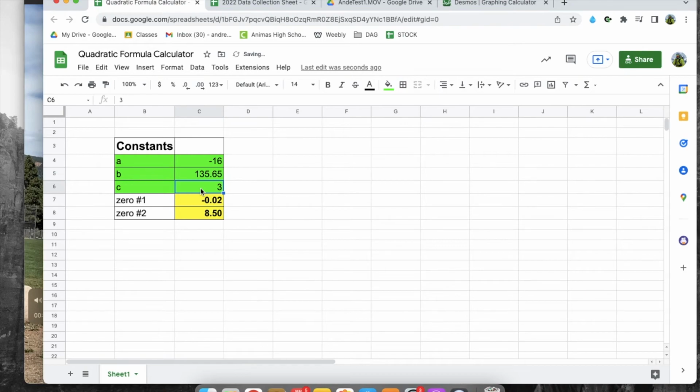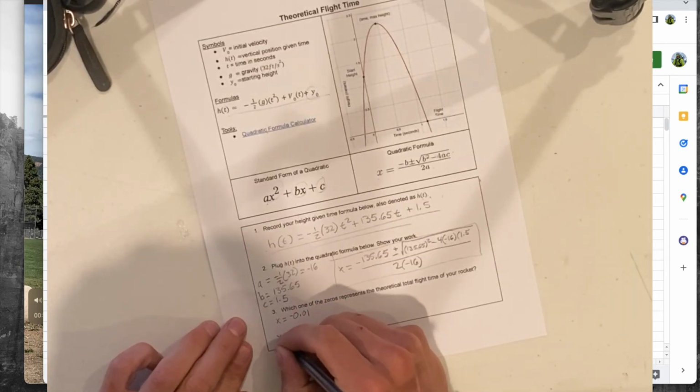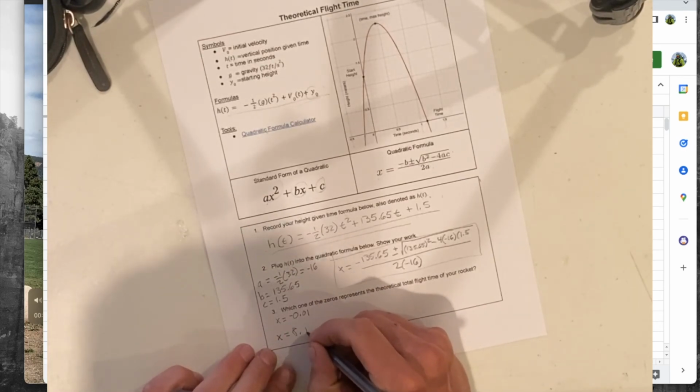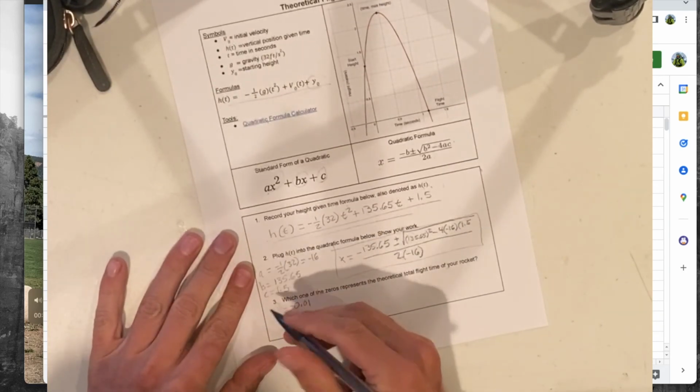And then our c term is 1.5. And so I got 2 different numbers here. I got negative 0.01 and 8.49. And I'm going to record that down here. Negative 0.01, and then t equals 8.49, and I apologize, these are t's.